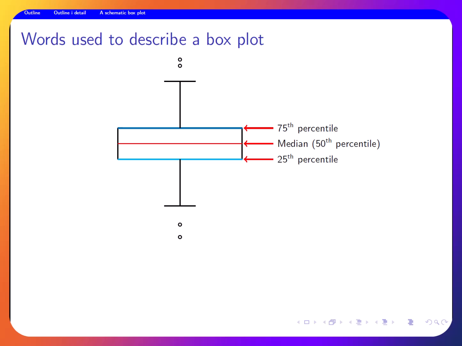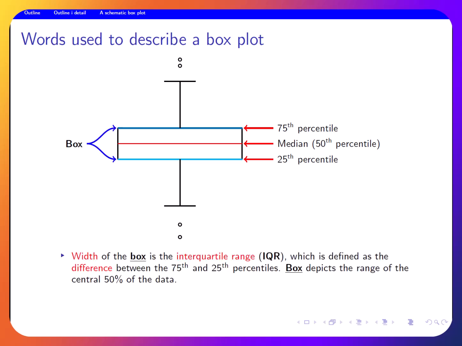The 25th percentile and the 75th percentile become a box. The width of the box is the interquartile range, which is defined as the difference between the 75th and the 25th percentiles. Box depicts the range of the central 50% of the data.